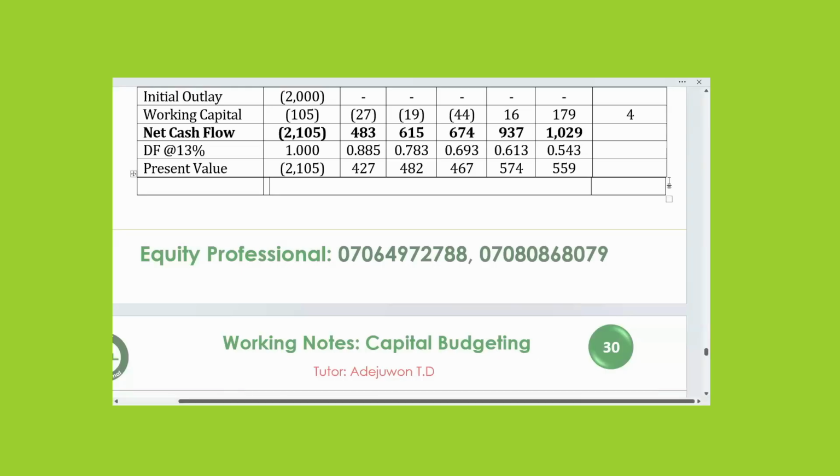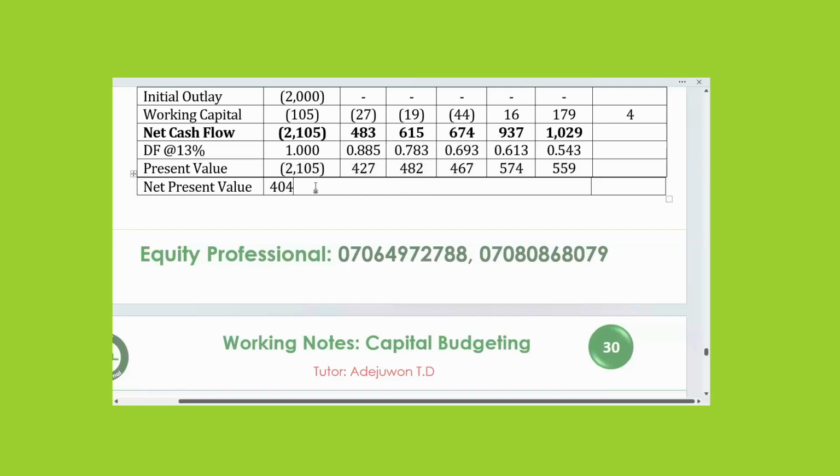That's okay. No time. So our net present value is positive 404. We said that net present value represents the difference between present value of cash inflow and present value of cash outflow. You first of all add up the positive present values. You then net off the negative present values. So your final answer is 404.